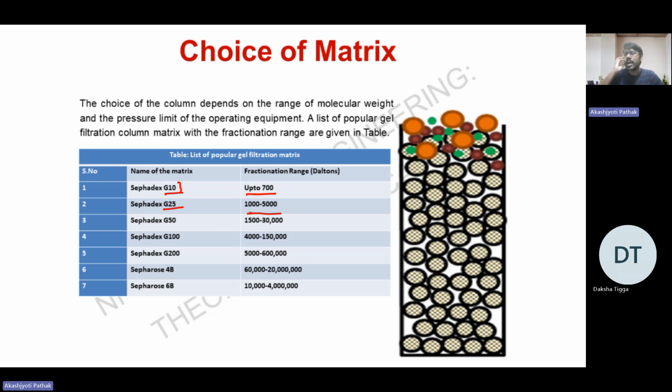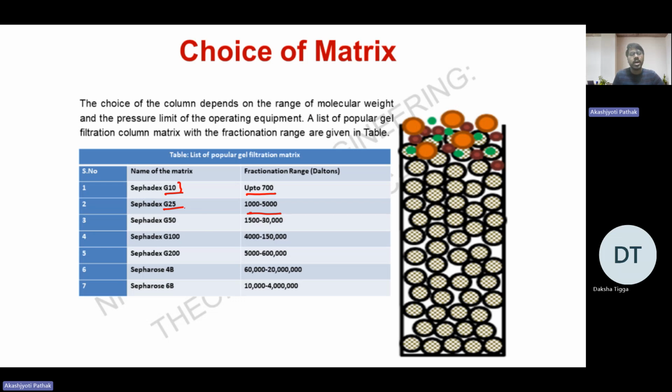You must select a column which has a fractionation range comparable to the molecular weight of the protein. So, for example, if you are using this Sephadex G50 column, then you must use a protein which has a size in between this molecular weight range, 1500 daltons to 30 kDa. Okay, so you have to use such type of protein.